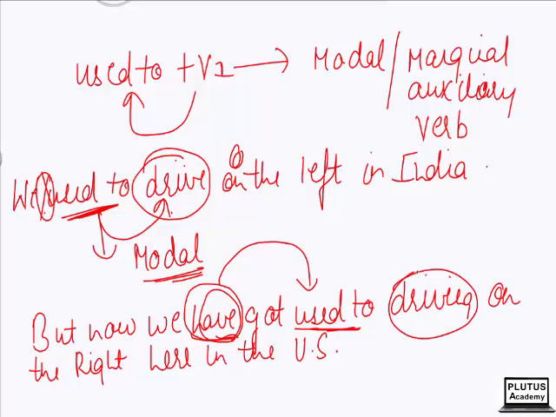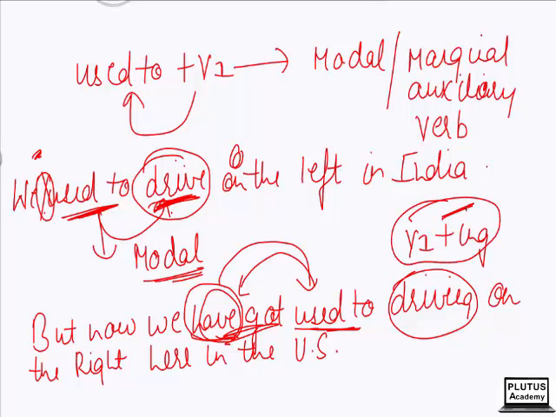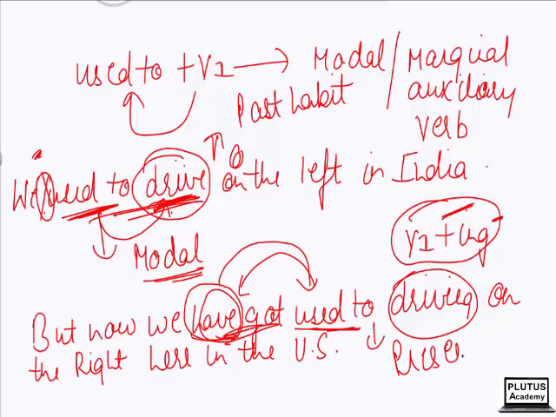Then we have to use the first form of verb plus ing. If used to is not preceded by any form of be, then we are using the first form of verb. But if used to is preceded by any form of be or have, then we have to use the first form of verb plus ing after used to. In this sentence, used to is representing a past habit. And in this sentence, used to is representing a present habit.